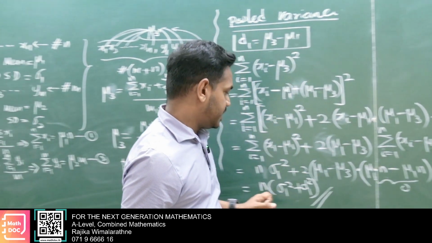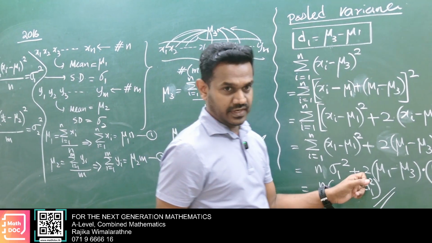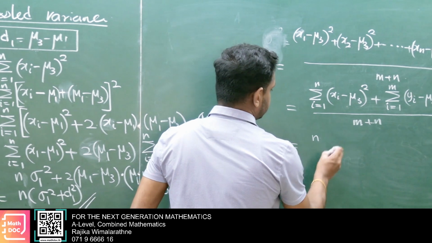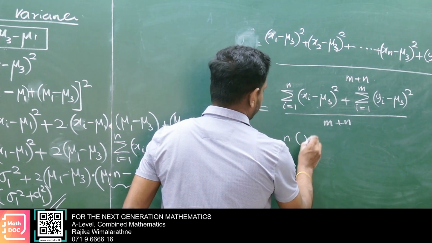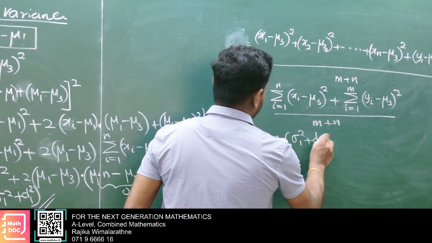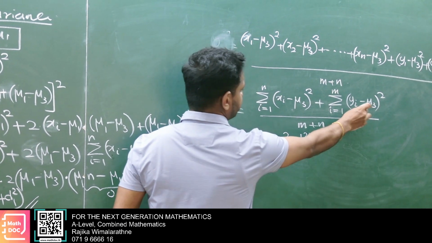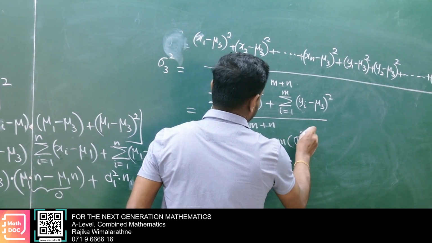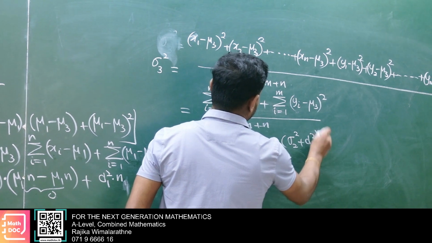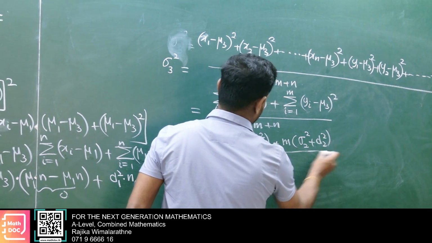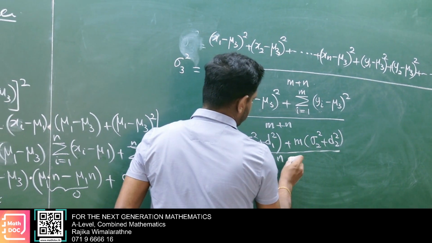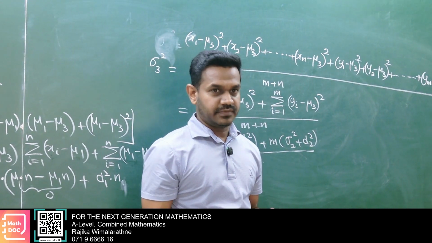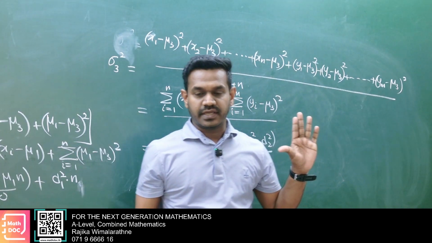That is n times (sigma1 squared plus d1 squared), then you write here n times d1 squared. And for this you similarly write m times d2 squared. Similarly, write one over m plus n. That is the pooled mean, pooled variance of the distribution. Pooled variance. Okay, complete it.